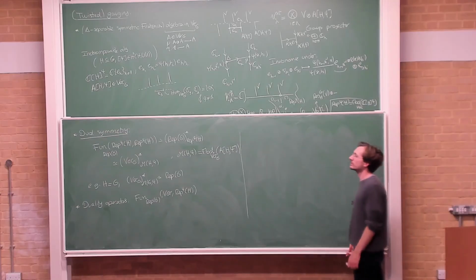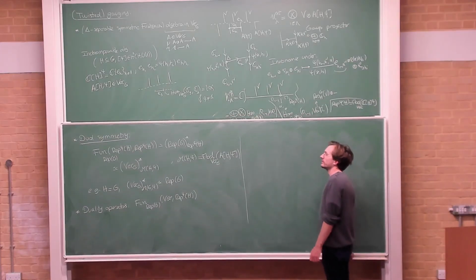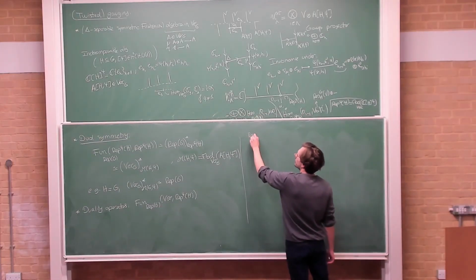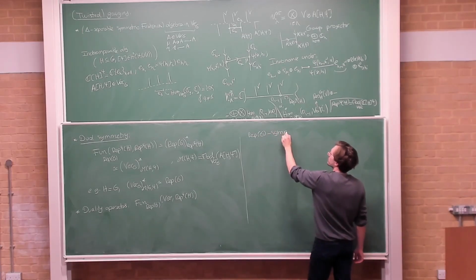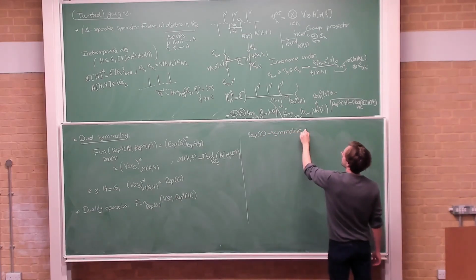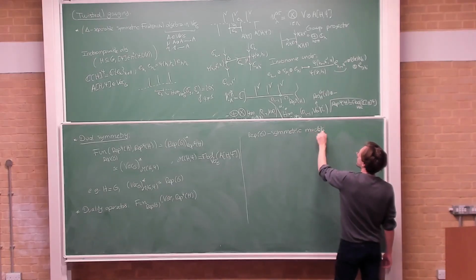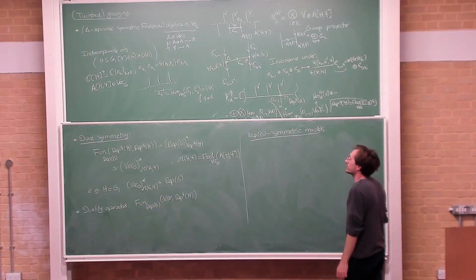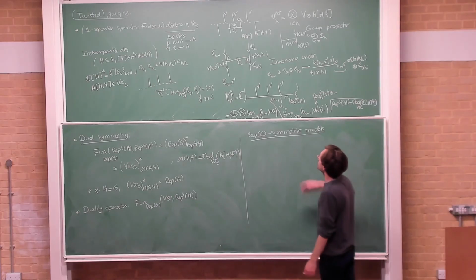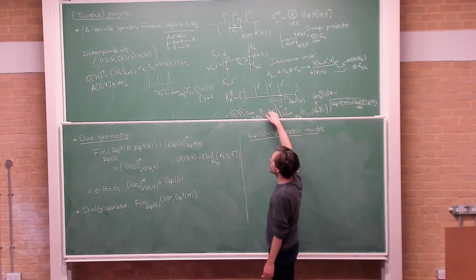Okay, let me do a quick example. Let's do the Rep G symmetric case, the Rep G symmetric models. There are several ways of getting symmetric models. I could just use the formalism.